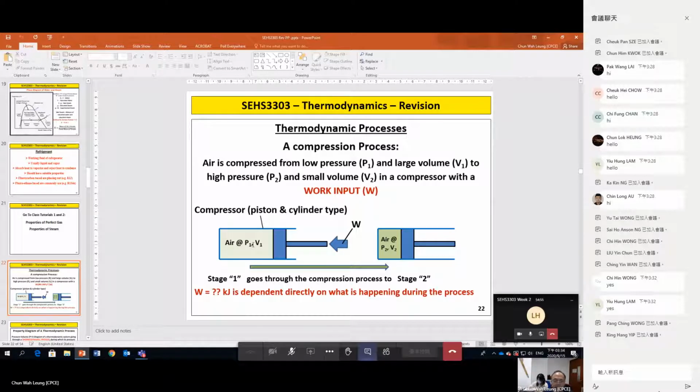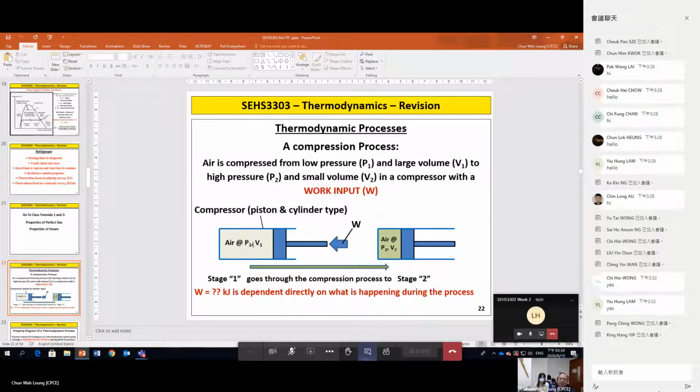Initially it is at P1, V1, and after compression the air is at a high pressure P2, but the volume is reduced to a very small volume V2. The change from stage 1 to stage 2, this duration, is called a process. The whole course of change is called a process.